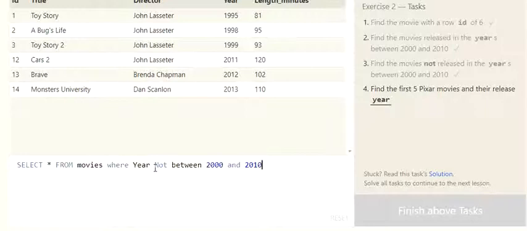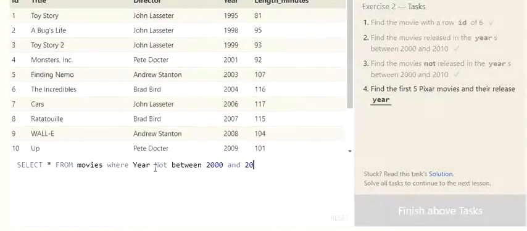Okay, now the last option is to find the first 5 Pixar movies and their release year. So we have to find out what the Pixar movies are by looking into the data, what Pixar means.